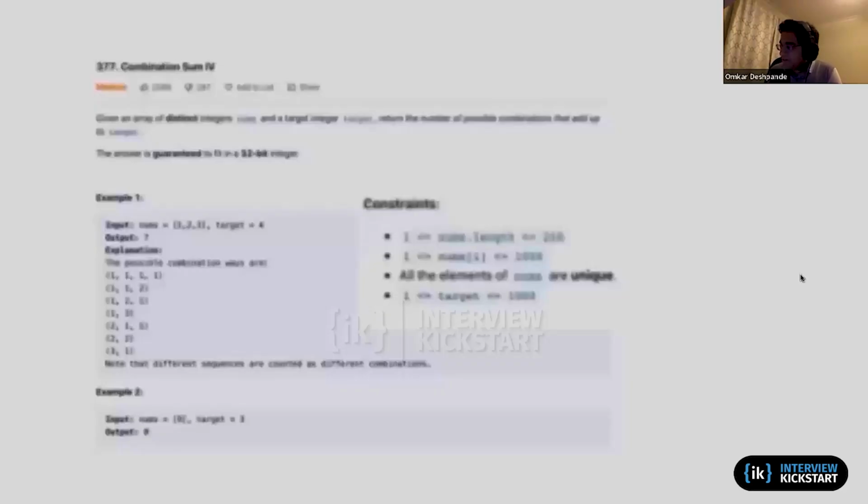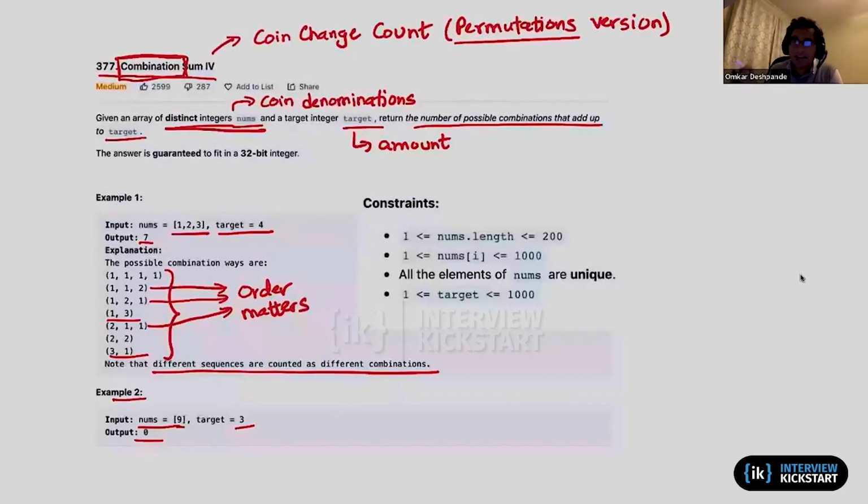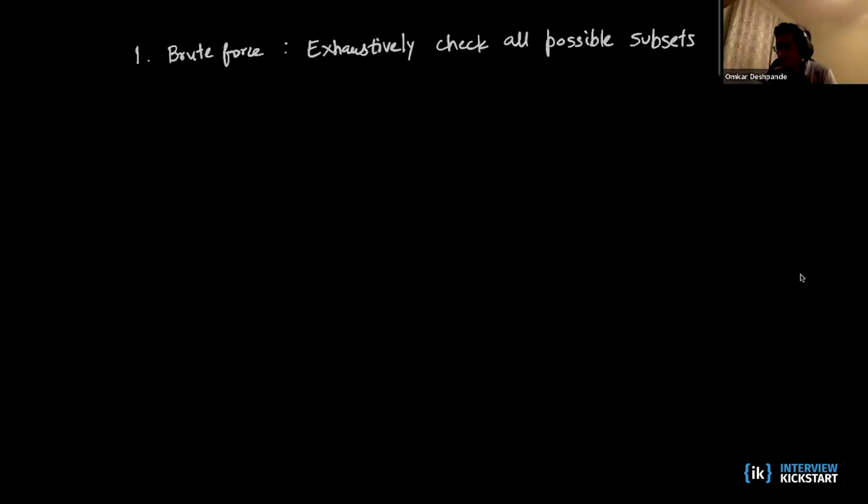Now, even the narrow canonical definition of the subset sum problem, you might remember this from your recursion week, where you're given a set of distinct numbers. You want to find out how many subsets of those numbers add up to a particular target.